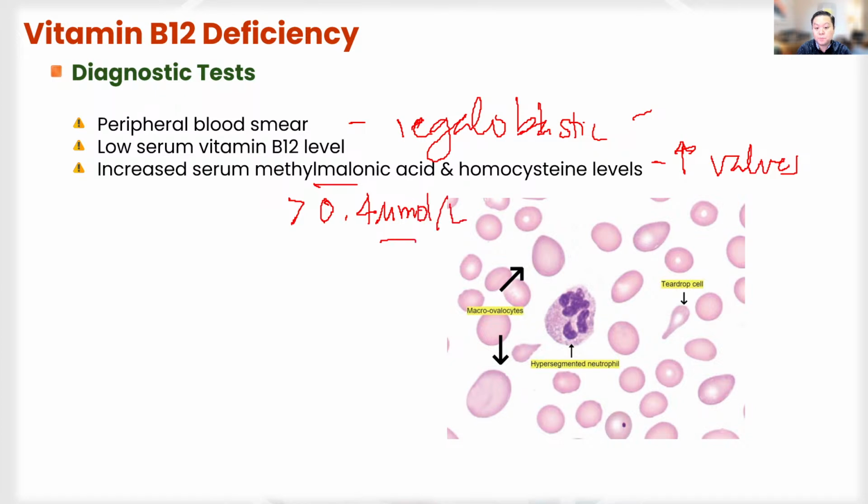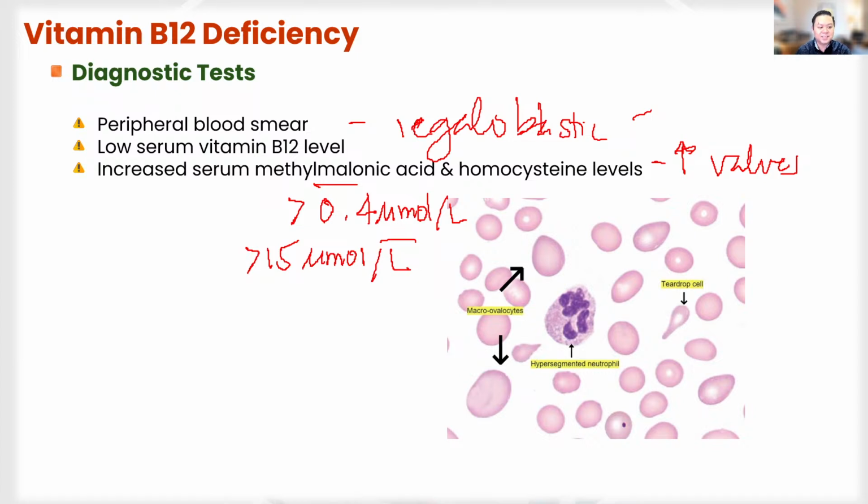So that would be our indicator that there is a vitamin B12 deficiency. And also the homocysteine levels will be above 15 micromoles per liter. And again, it will suggest that there is vitamin B12 deficiency.